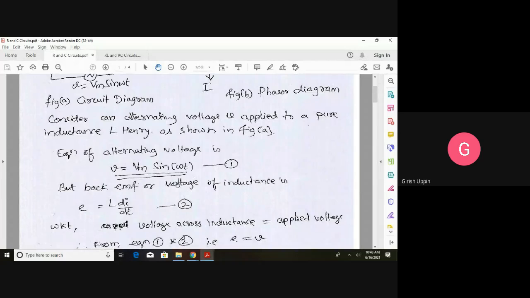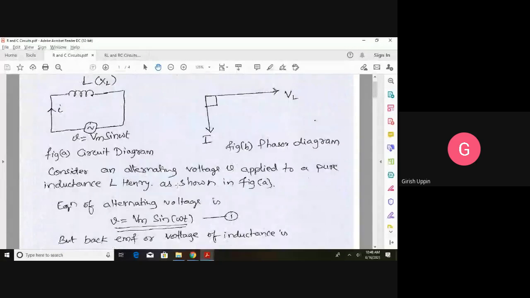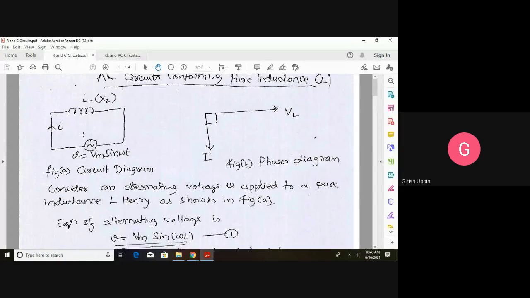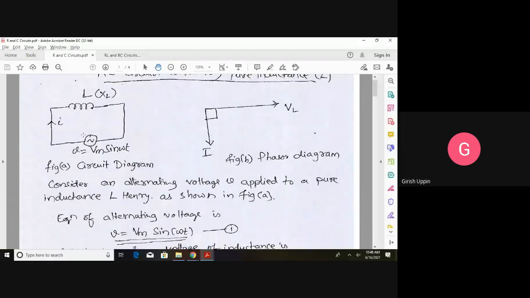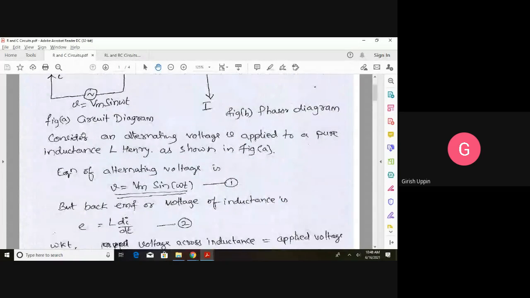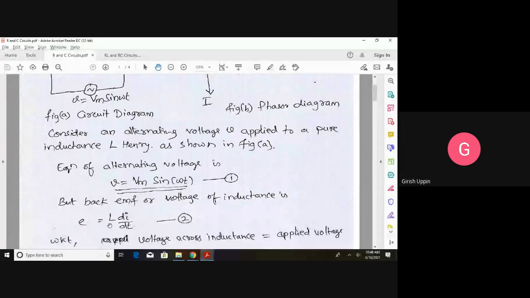Whenever we are applying an alternating voltage to the inductor, it will oppose the rate of change of current, and a back EMF or voltage is developed across that inductor. That voltage is given by e is equal to L di by dt, and this e is exactly the same as this voltage.